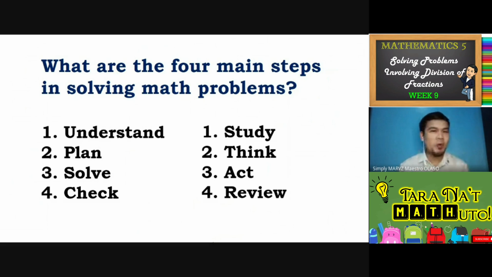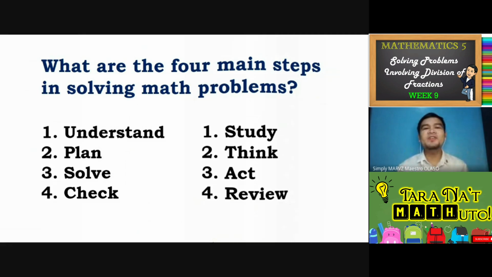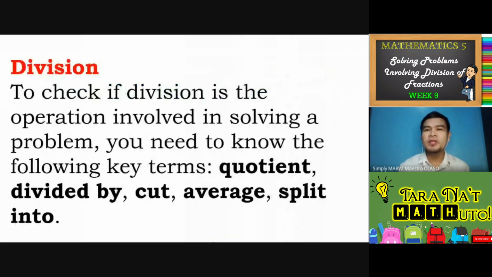After thinking of a plan, you have to act or solve now your problem. And the fourth one, do not forget to review or check or look back your answers by checking or by using another method. Or pwede naman, magkaroon ka ng working backward. Yan ang papakita ko mamaya. Okay? So, let's have now this one.